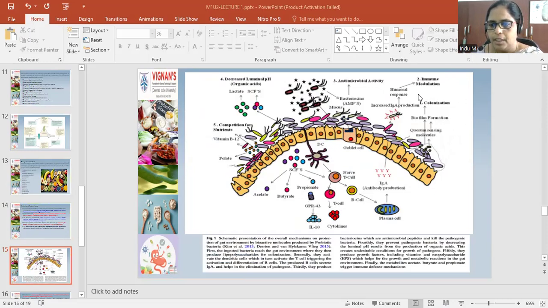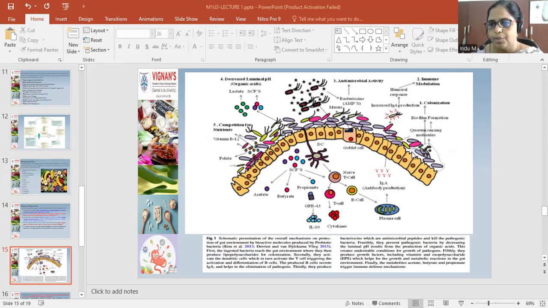Here, the first and foremost step is the colonization. So these probiotic bacteria attach to the epithelial cells and start producing the biofilm. Biofilm is nothing but a group of microorganisms attached together that produces a protective layer in the surrounding environment, called exopolysaccharide.